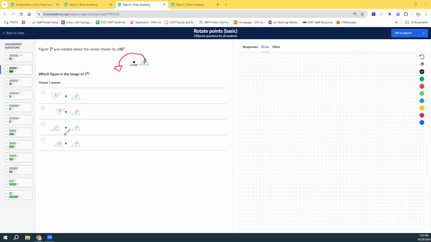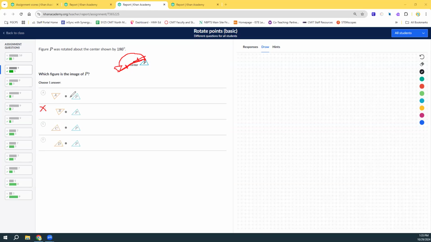Well, they all look kind of similar, but this is a good problem to bring up the point that we should see the same distance from the center. So I see how there's a bend there. There shouldn't be a bend. It should be a straight line. And the distance here should be the same as the distance here. So I definitely don't see that in B. B is too close to the center.